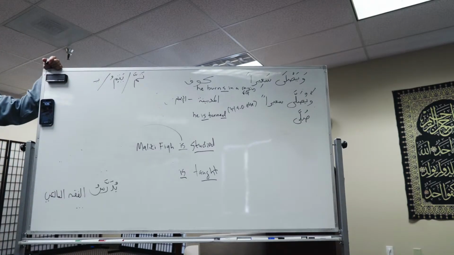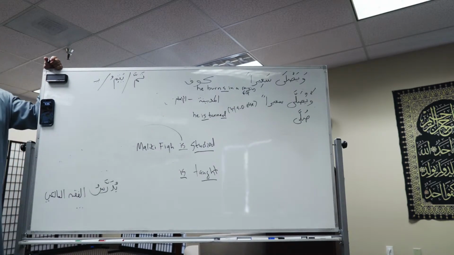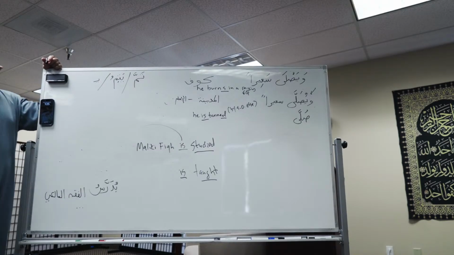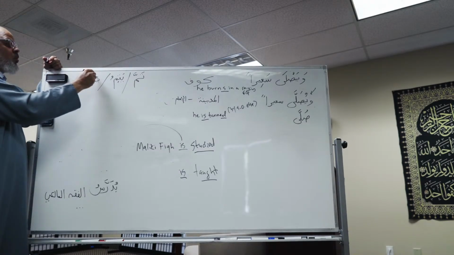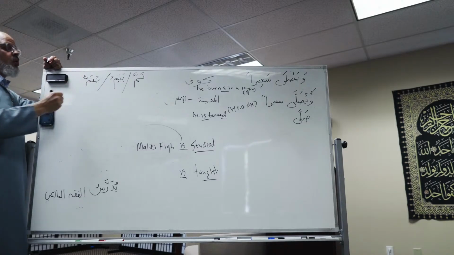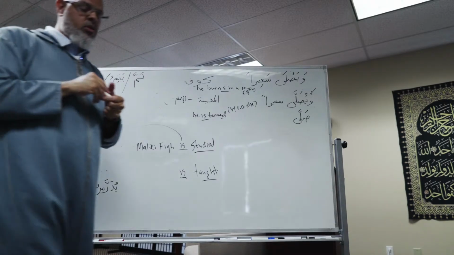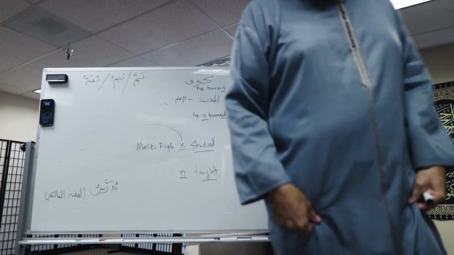So we had عد يعد يعد. Then we get تم يتم. Yes, يتم. Good. That's going to be the present tense passive.